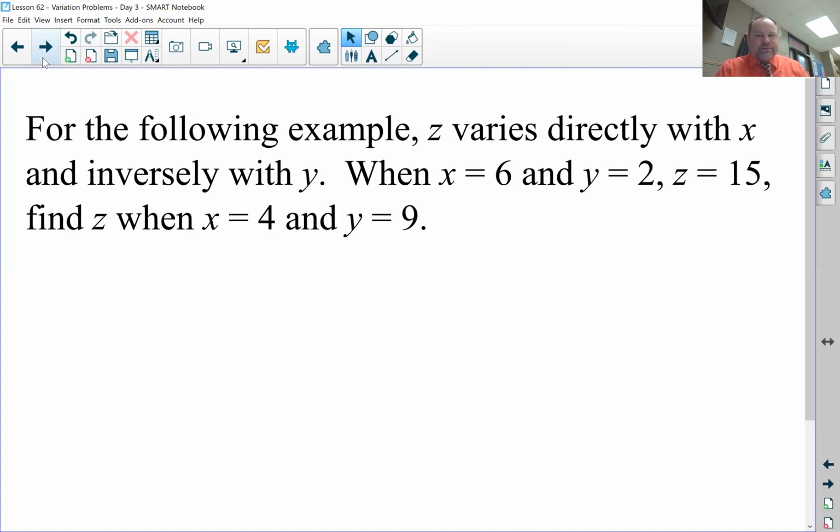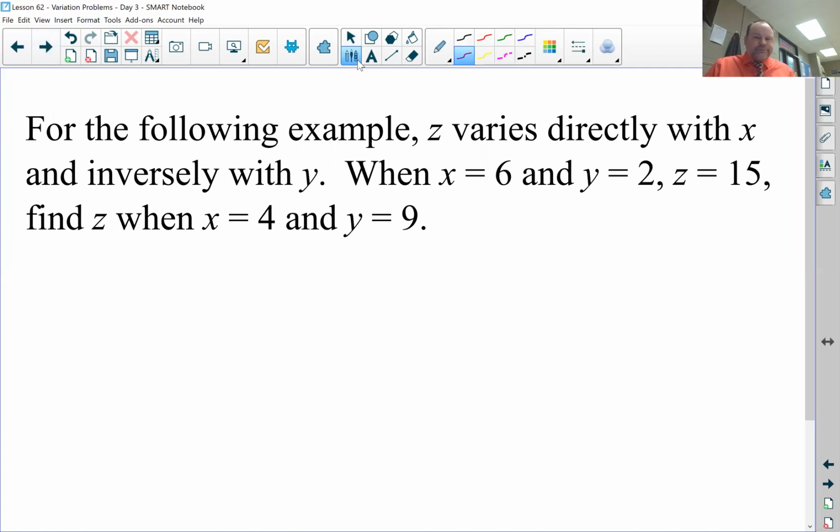All right, so problems might look like this. For the following example, Z varies directly with X and inversely with Y. Find K when X equals 6 and Y equals 2, Z is equal to 15. Find Z when X is 4 and Y is 9.